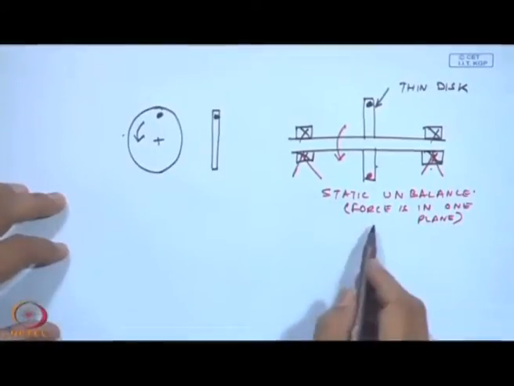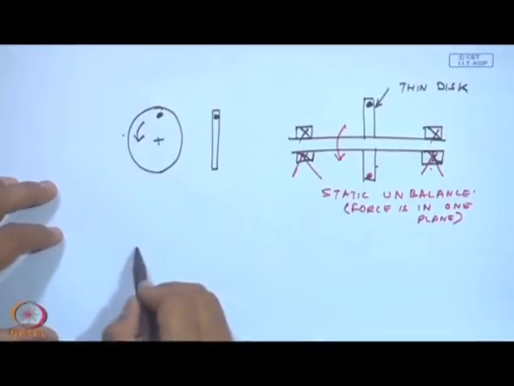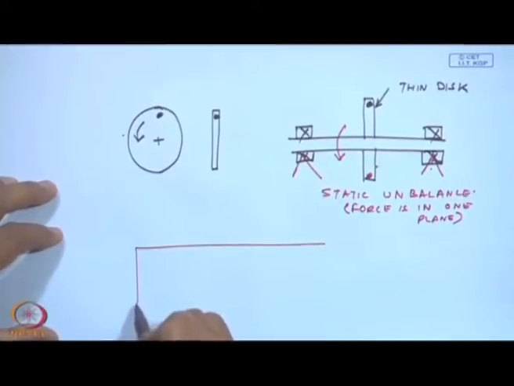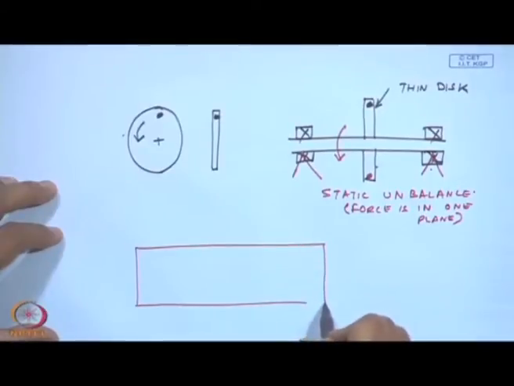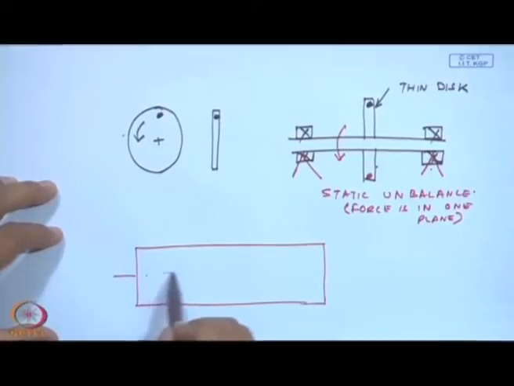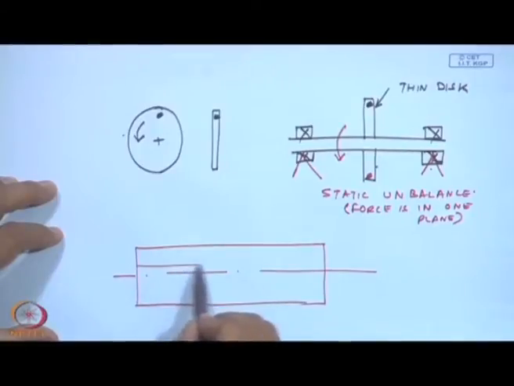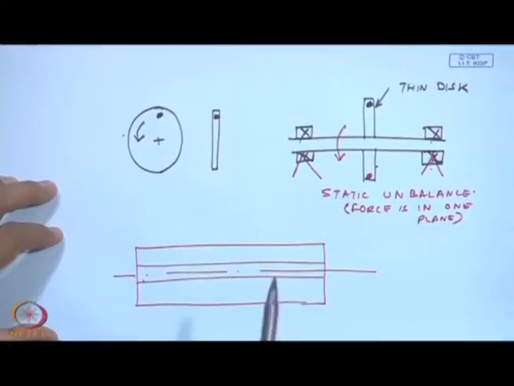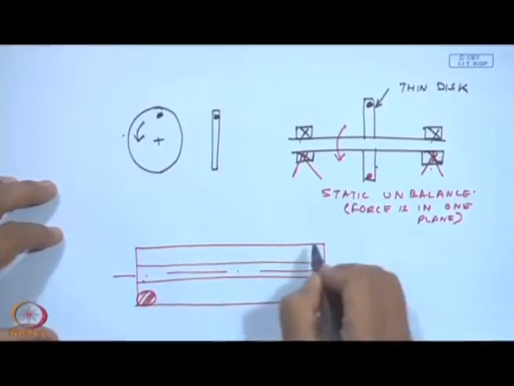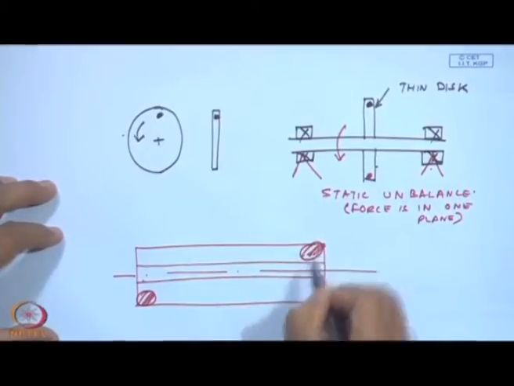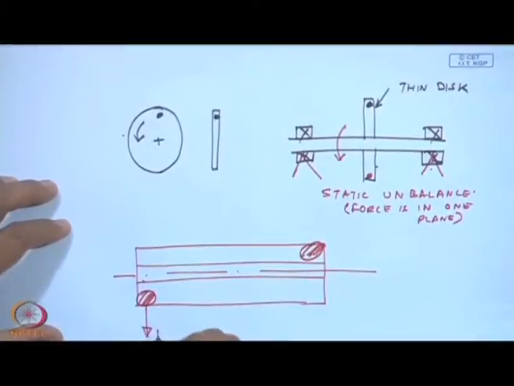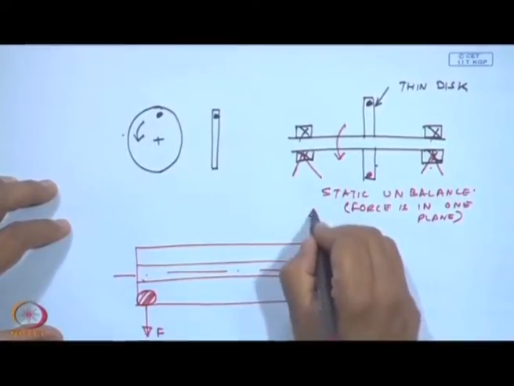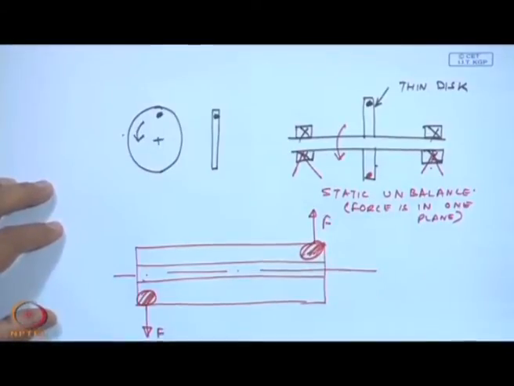Now, imagine instead of this disk, I have a long rotor like the rolls of a paper mill. If I have an unbalanced mass at this location and an unbalanced mass at this location, this is giving me an unbalanced force in this direction and this is giving me an unbalanced force in this direction. So, from a force point of view, this is balanced.